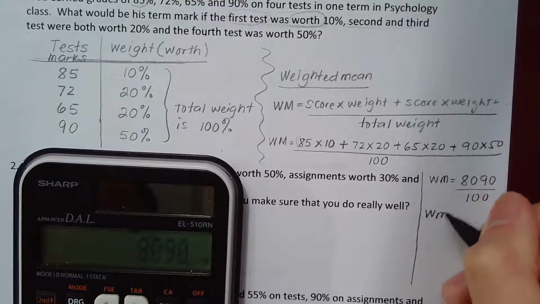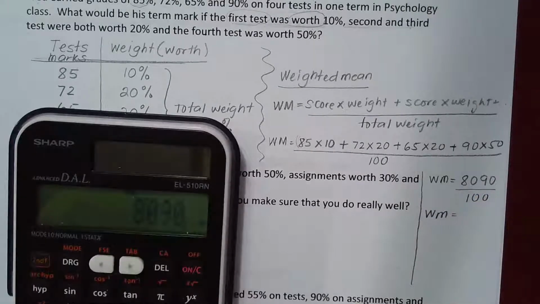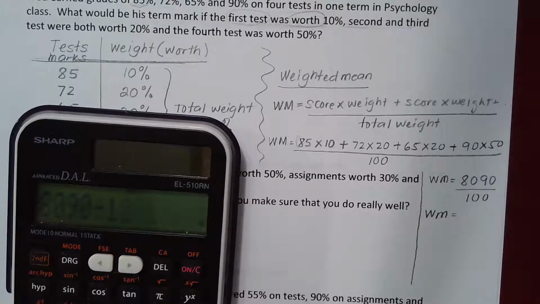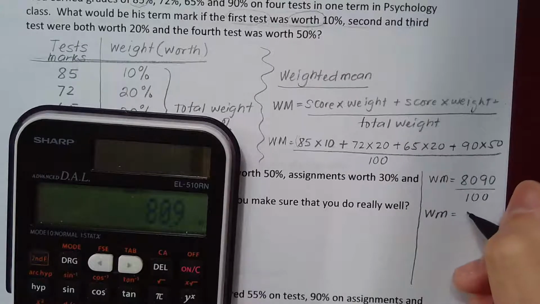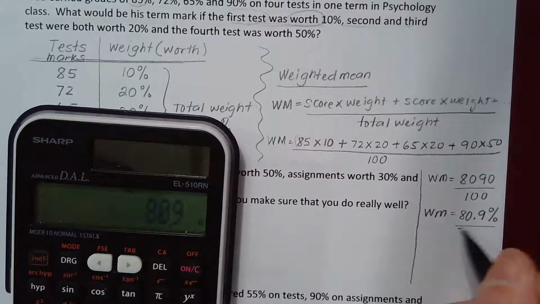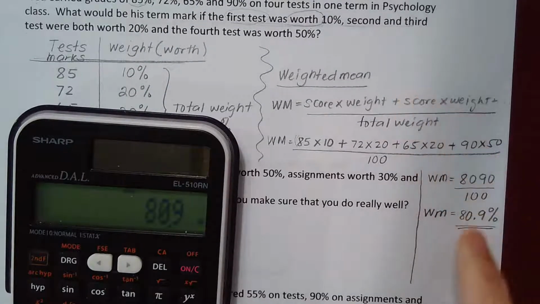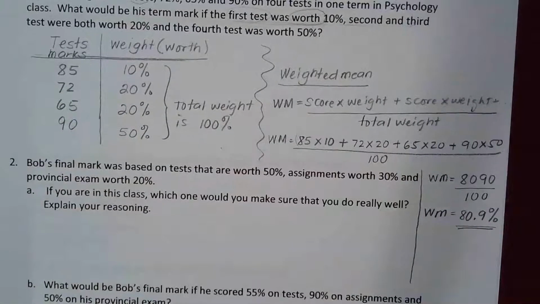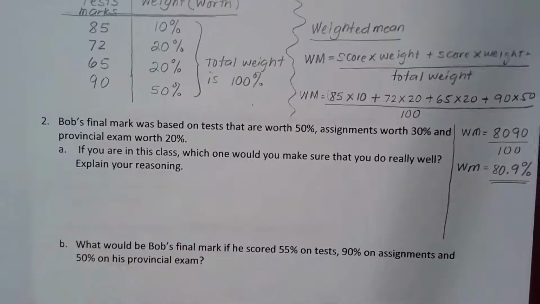So the weighted mean, dividing by 100, is equal to 80.9%. Okay, so that's that part there.